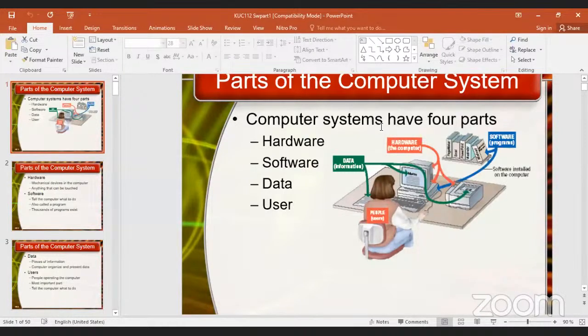So as we mentioned, what are some of the components of a computer system? In an exam, maybe we have two confusing questions. They can ask you, what are some of the components of a computer system? And maybe they can tweak and ask you, what are some of the elements of a computer system?